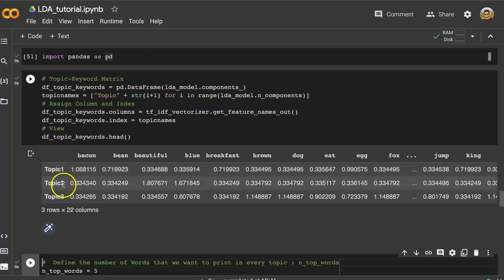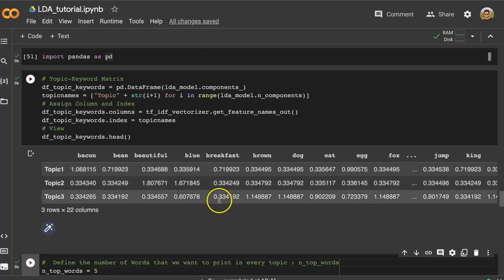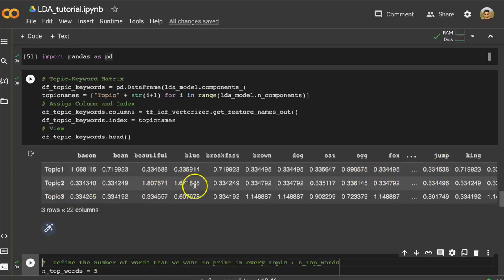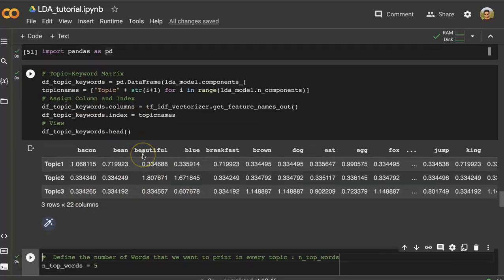For topic class 1, bacon, eggs, and this kind of words have high probabilities, and dog, jump, these have low probability. Similarly for topic class 2, some words have high probability, some low. So this is how you can see it.